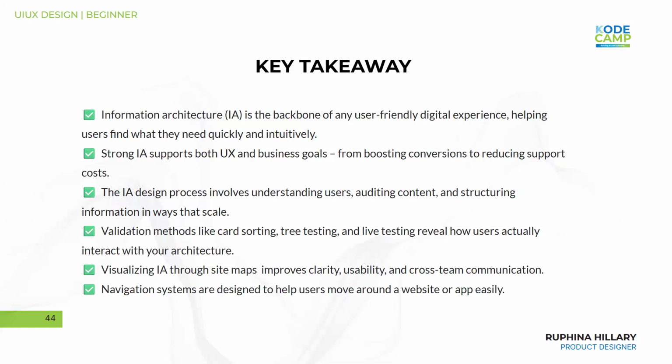Validation methods like card sorting, tree testing, and live testing reveal how users actually interact with your architecture. We talked about the validation methods in our last class, to know if it's actually helping users find what they want quickly, easily, seamlessly, or intuitively.